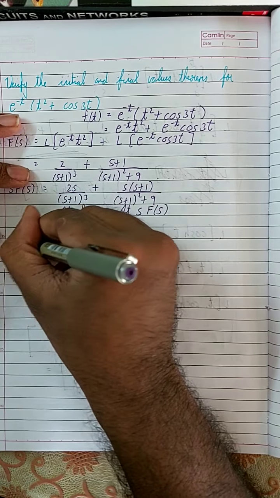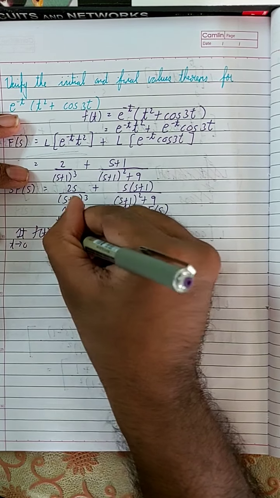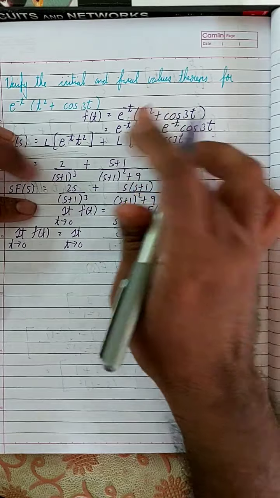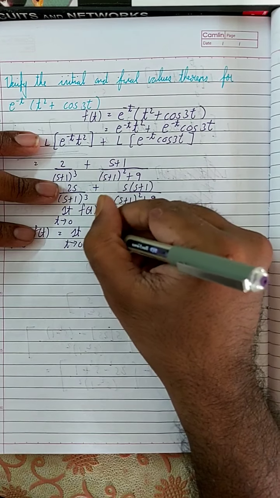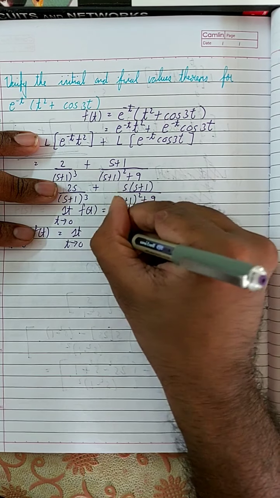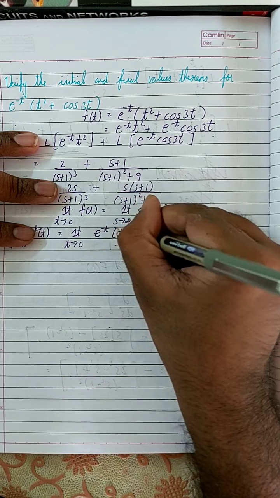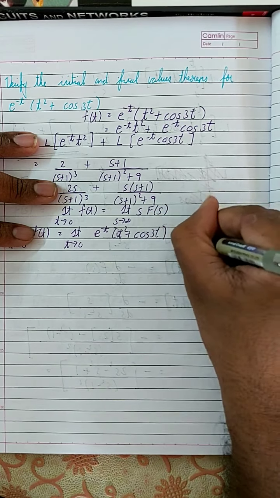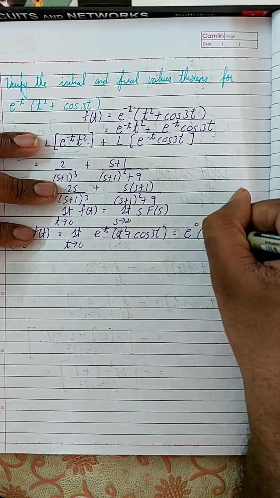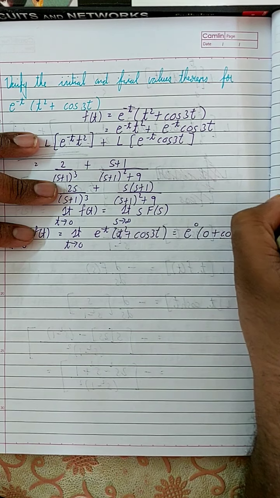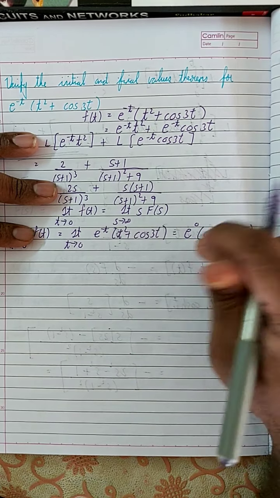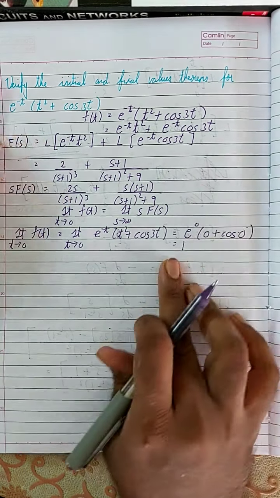The limit as t tends to 0 of f of t, the value of f of t is e raised to minus t into t square plus cos 3t, which is equal to e raised to 0 into 0 plus cos 0. Cos 0 is 1, e raised to 0 is 1, so you will get 1.